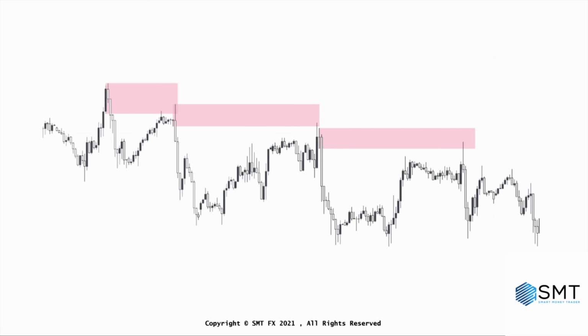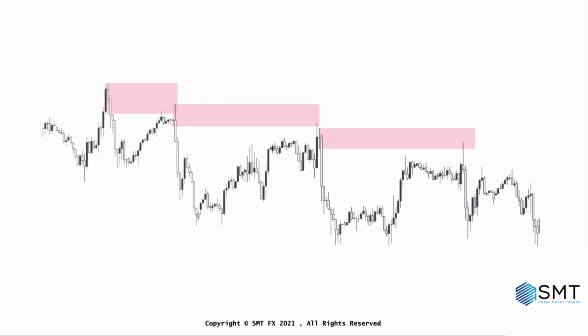The second supply zone was formed through the mitigation of the first supply zone. So now we've got two supply zones following bearish order flow. We could then start to anticipate that the third supply zone is going to be bearish as well, providing we still get the breaks of structure and price is still moving in the same direction.